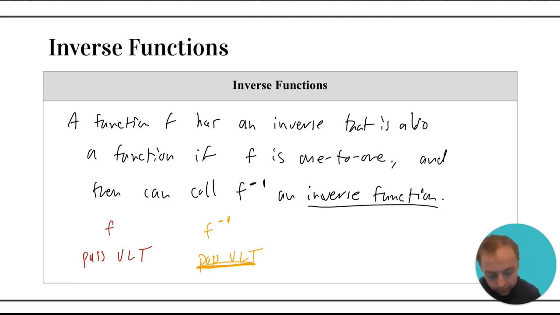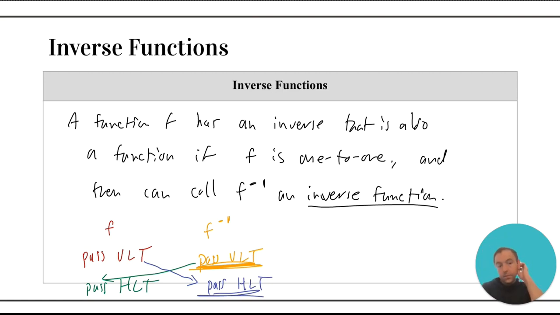But in order for this condition right here to hold, for the inverse to pass the vertical line test, that is equivalent to the fact that f is going to pass the horizontal line test. Because what happens in the graphs of a relation and its inverse is they're kind of like flips, how they flip over the y equals x. And so that's why that needs to hold. And so then similarly, when f passes the vertical line test, that's equivalent to the inverse actually passing the horizontal line test as well. Okay?